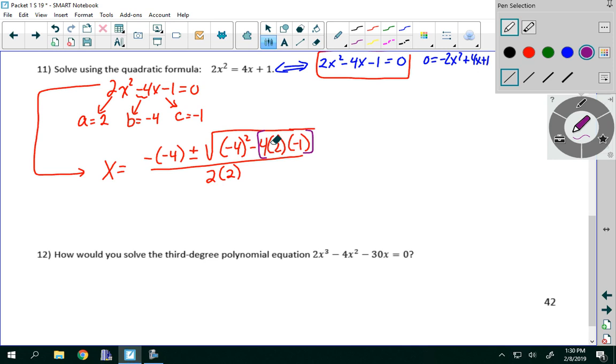That's often an area where students make mistakes. The other area I want to point out to you is this right here. Because b is a negative number, anytime you raise a negative number to a power, you must put that negative number in parentheses. Okay, the parentheses must be there.